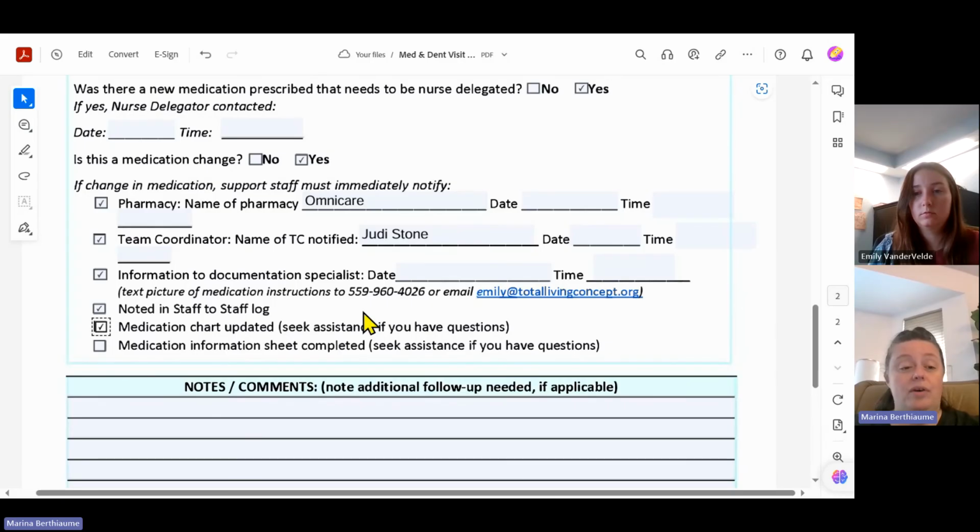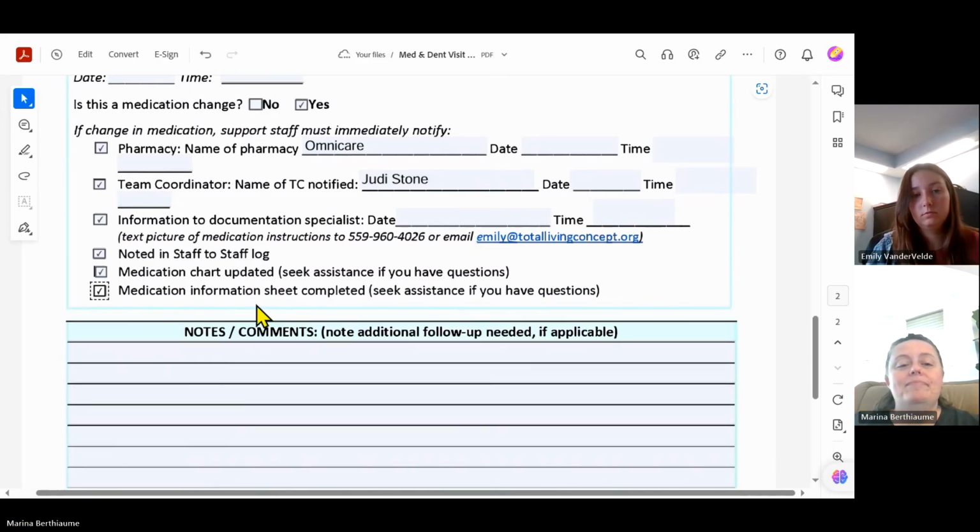Or maybe the team coordinator or Emily is going to update it on the computer, and they can print out a copy for you and either leave it for you to pick up at the front desk or, if the person you're supporting has a printer, send it to the printer. And then there's the medication information sheet, and that's another training, so we will not go over that.